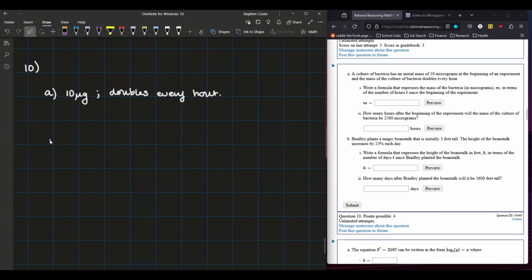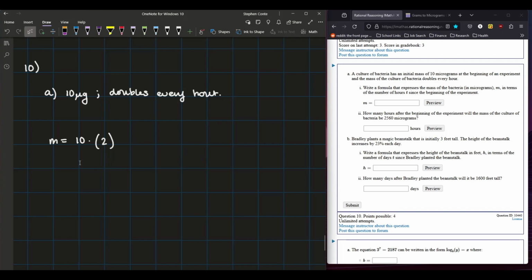So M, the mass, equals the initial mass, which is 10. We know that it doubles every hour. So if we're doubling every hour, that means after 1 hour, it'd be 10 times 2. After 2 hours, it would be 20 times 2, which would be 10 times 2 times 2.